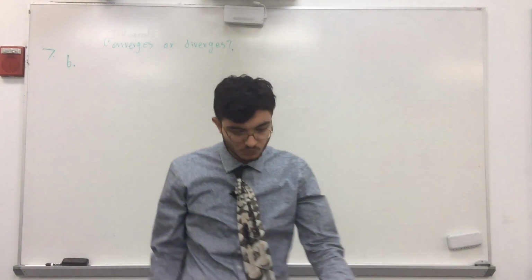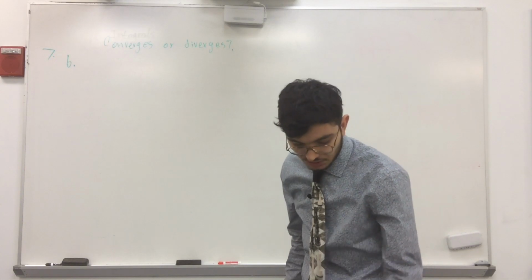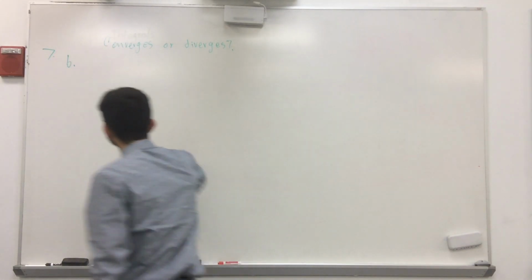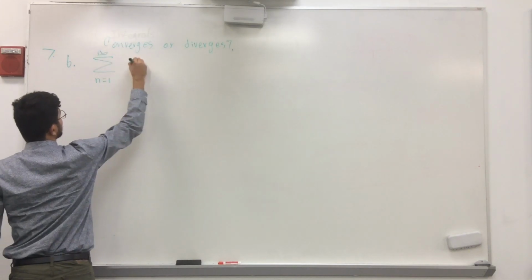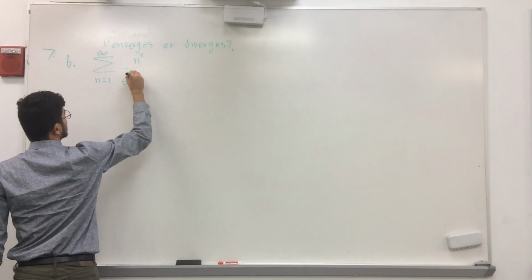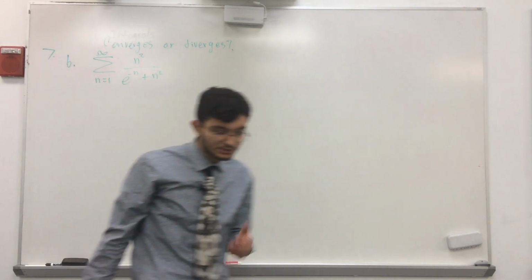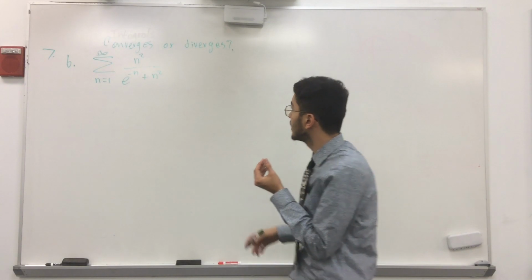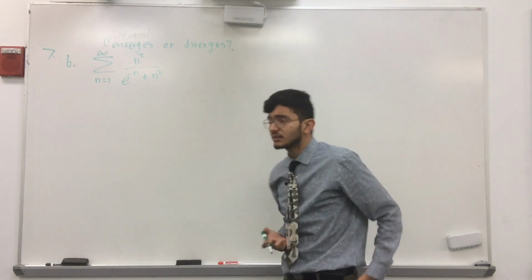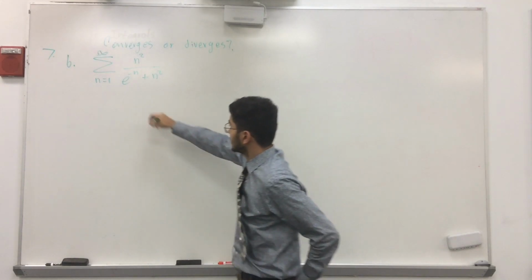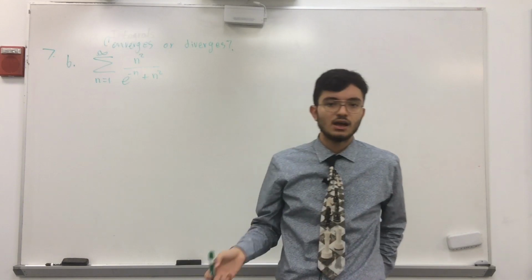For part B, we have the sum from 1 to infinity of n squared over e to the negative n plus n squared. For this series, immediately what you want to do with every series, ideally, is to see if the limit of the sequence inside the series approaches values other than 0.